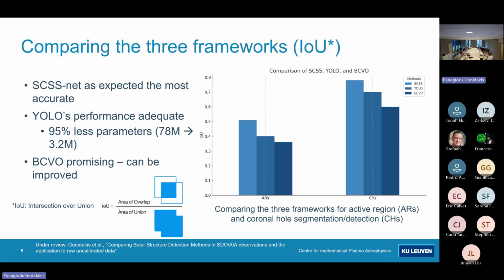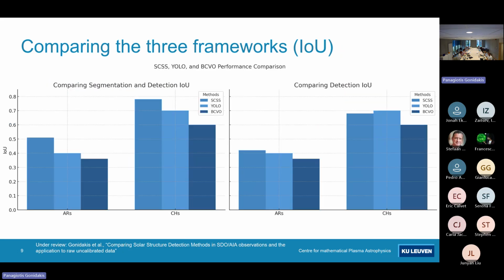So in order to have a fair comparison, we convert the segmentation problem into a detection problem. For SDSSnet and BCVO in both cases, we convert the inputs, outputs and the ground truths into bounding boxes. And then we can see that the difference in the end with YOLO is very small, and actually YOLO can be a bit more accurate.